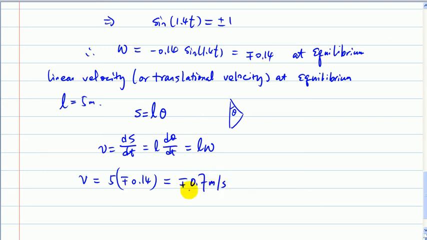So why do we have both a negative and a positive value? That refers to the linear velocity going back and forth.